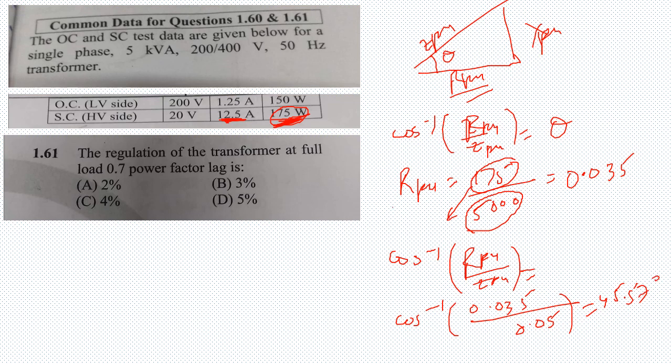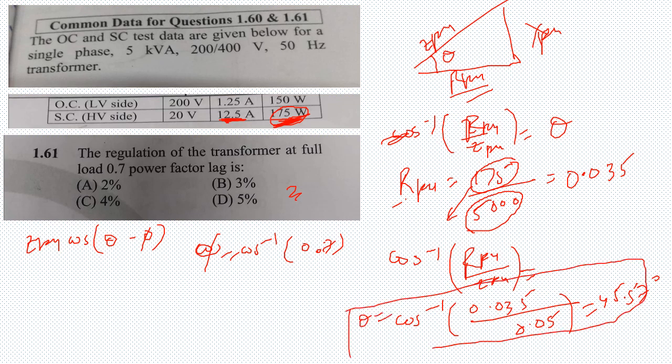Now let's again write the formula for regulation: Z per unit cos(theta minus phi). Theta we have already calculated. Phi is cos inverse 0.7, which is again 45.57 degrees.